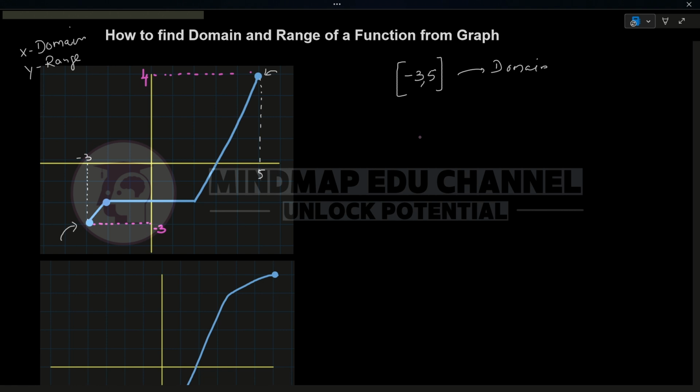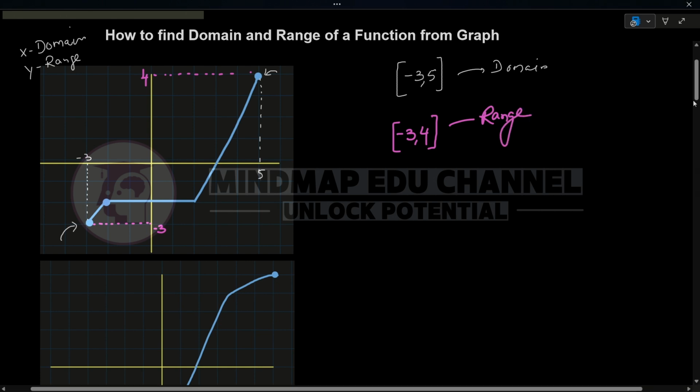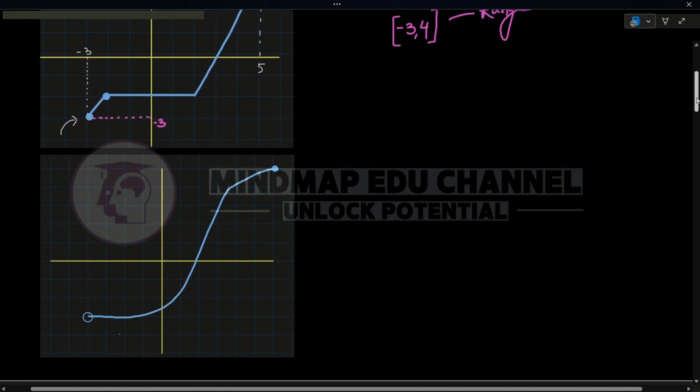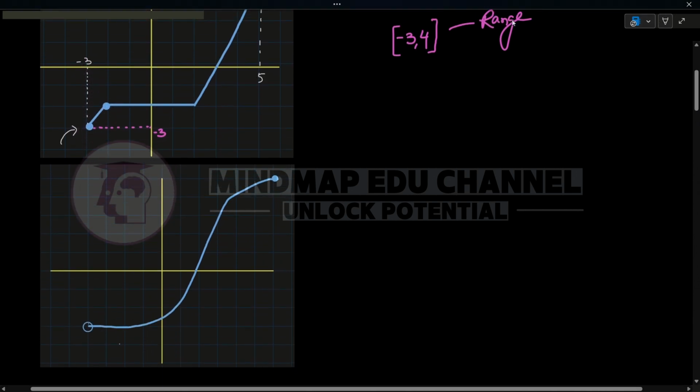So the range will be written as from -3 to 4, and -3 is included, 4 is also included as there are closed circles at them. And this is the range for the function. Clear?